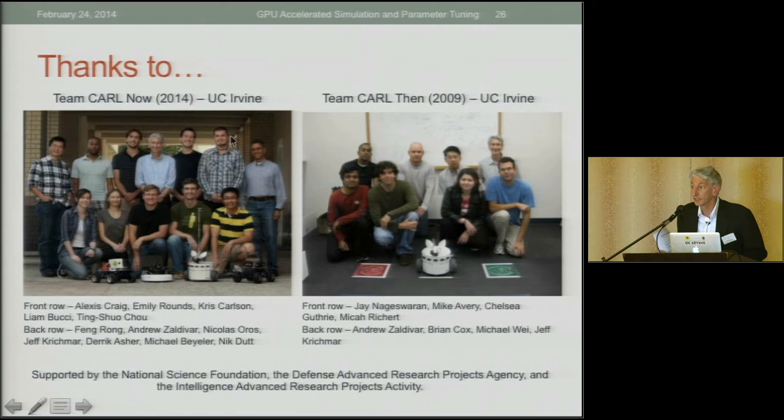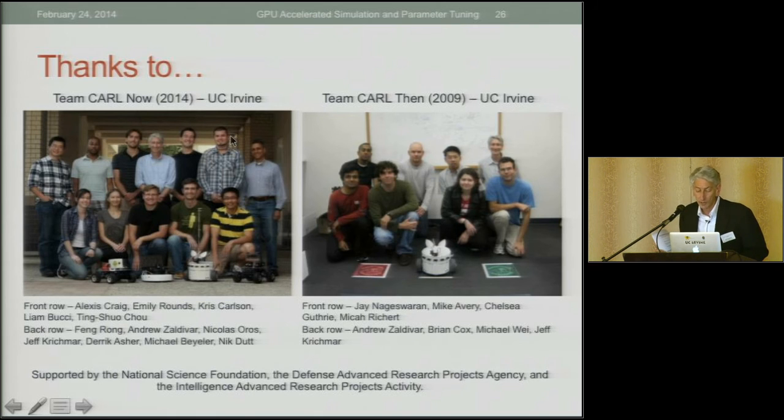Michael Baylor did the motion energy, motion perception model. Chris Carlsen was the brains behind the automated tuning framework. Nicholas Oros developed the LaCarl robot platform, which is another story for another day, but a nice, interesting, cheap, but very powerful robotics platform.